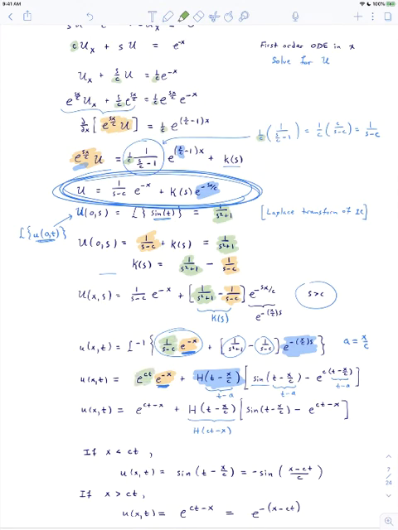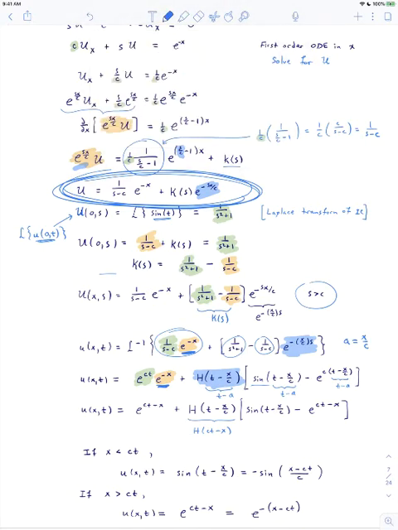So now we have found our function little u, which is the solution to the advection equation. As you can see, it has this Heaviside function in it, and that's not for no reason.